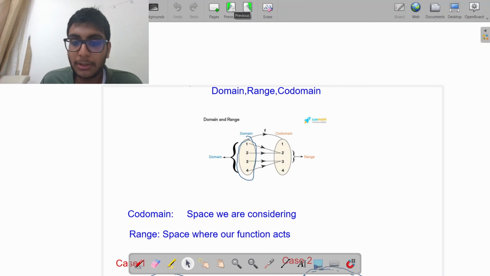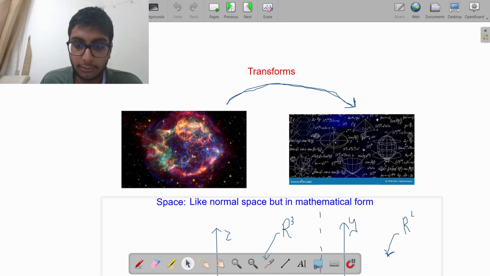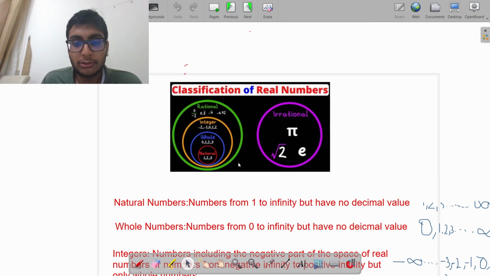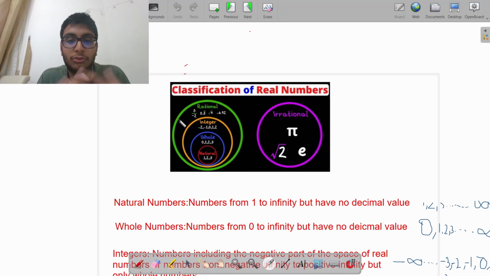Now we'll come back to the part I was talking about earlier about circles. Remember when I was talking about these circles over here? Well, these circles actually represent a space in mathematics. Well, not the circles, you can create any object you want. But this is a way of representing what is included in what. For example, integers are a smaller space than rational numbers because they group a smaller part of that bigger group of rational numbers.